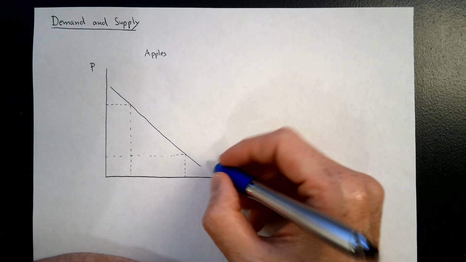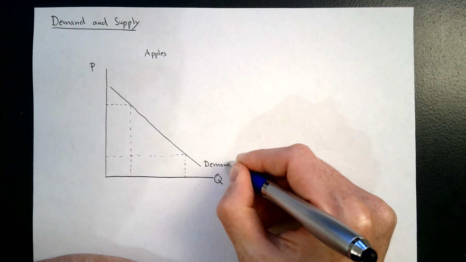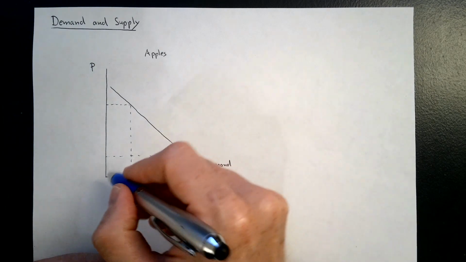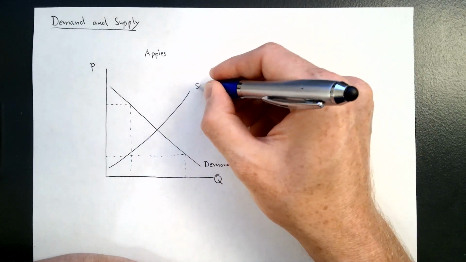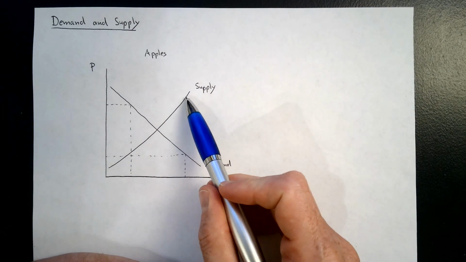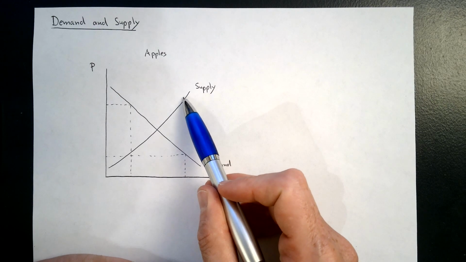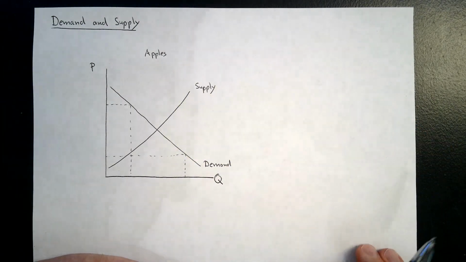So here we have the demand function, but then of course we also have the supply function. Suppose it looks like this. And what it means is that if the price of a good is high, then firms have the incentive to produce more, and hence the quantity is higher.